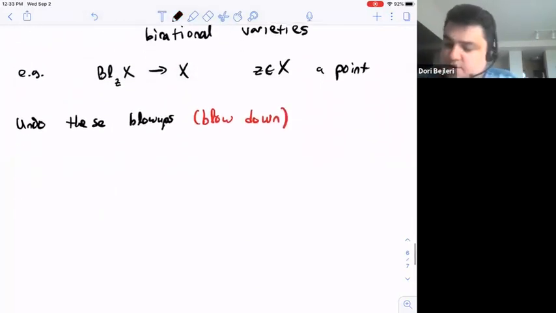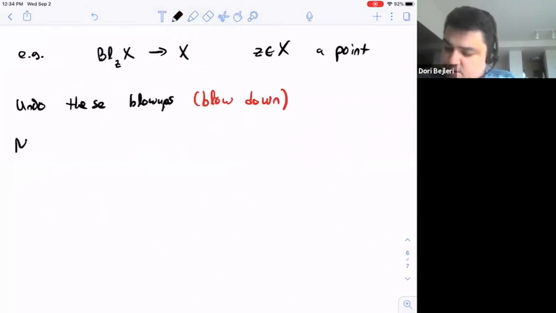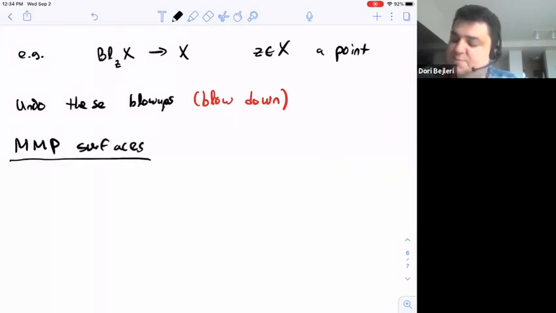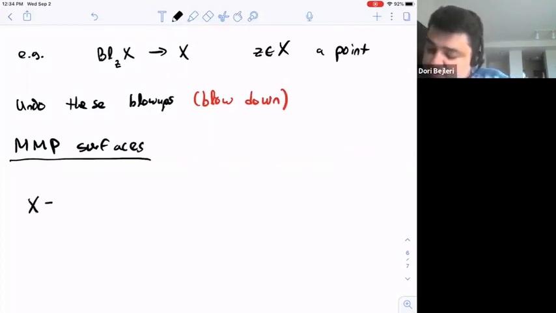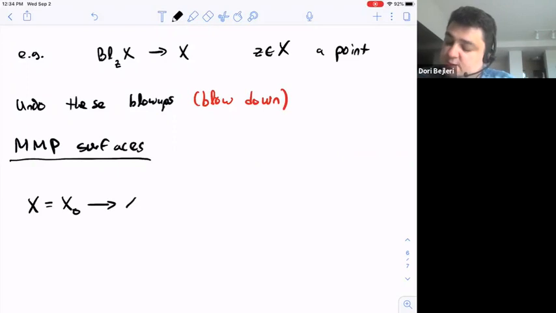And so what we're going to hope for is the following situation, and we'll prove this next week, which I'll call MMP for surfaces. And this name minimal model program will become apparent very soon. So we start with our surface X, and let's call it X0. And then we can hope that we can construct a sequence of blowup maps.